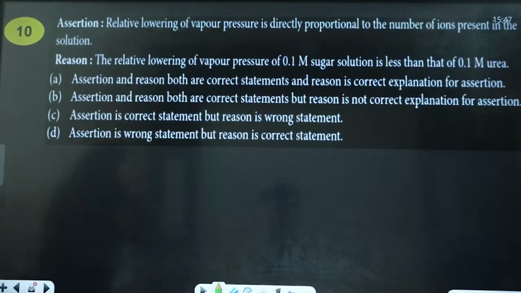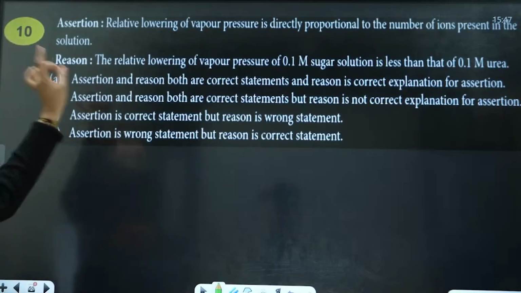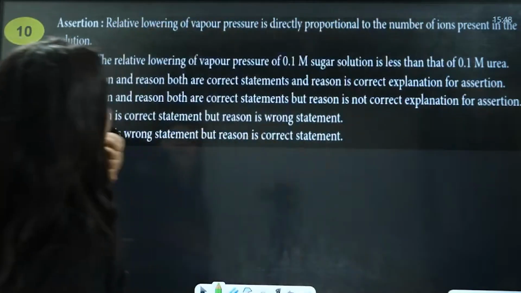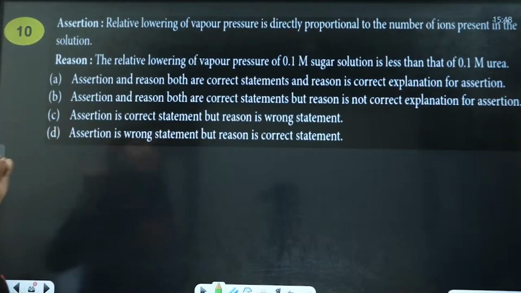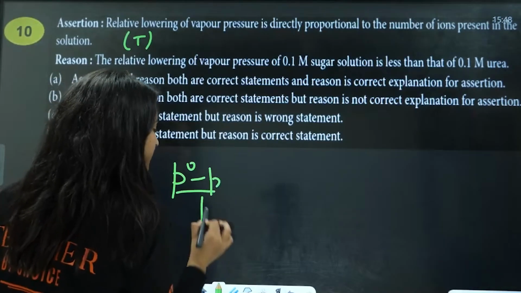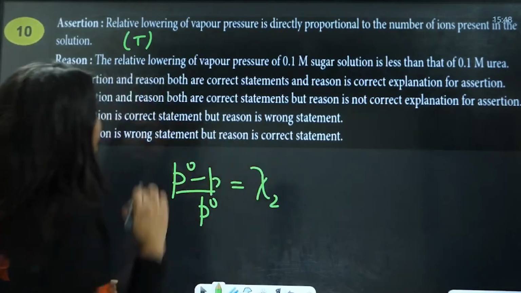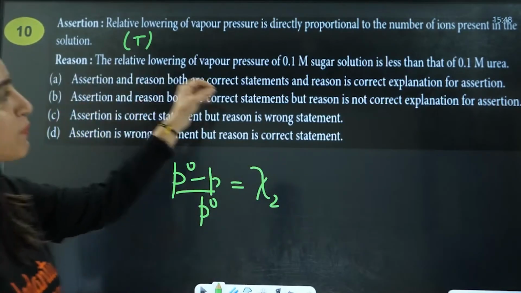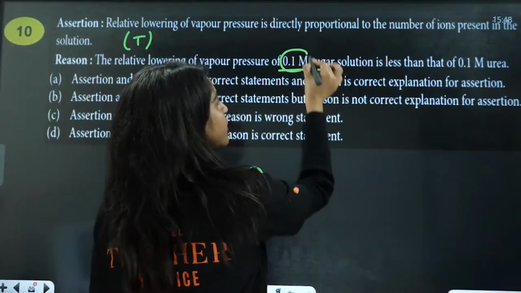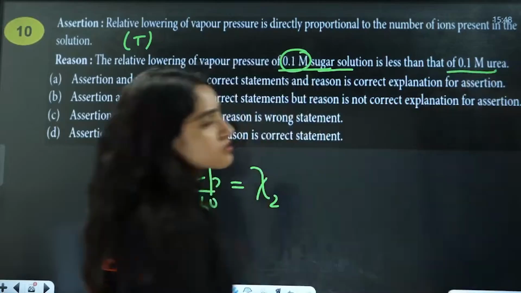What is going to be the right answer here? Relative lowering of vapor pressure is directly proportional to number of ions present in the solution. Yes, that is directly proportional. That is P naught minus P by P naught is equal to mole fraction of 2. Right? The relative lowering of vapor pressure of this sugar solution, same molarity sugar solution, is less than this.